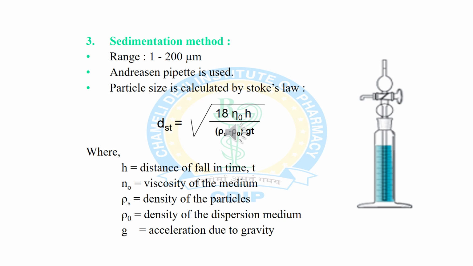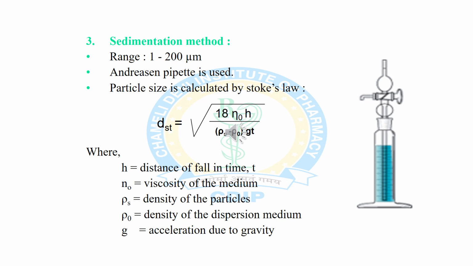Next method is the sedimentation method. In this method, a particle size range from 1 micrometer to 200 micrometer can be determined. In this method, Andreasen pipette and Andreasen apparatus are used to determine the particle size.